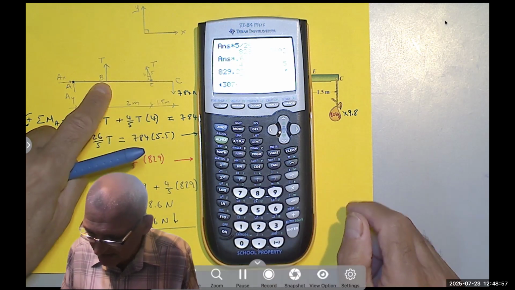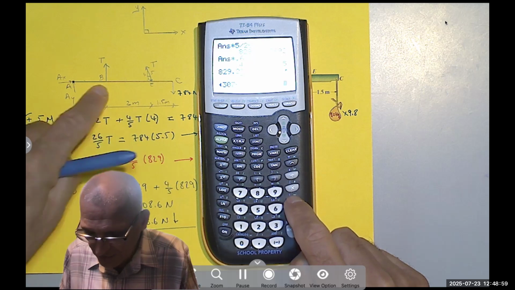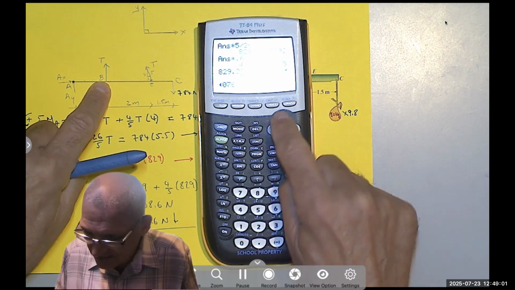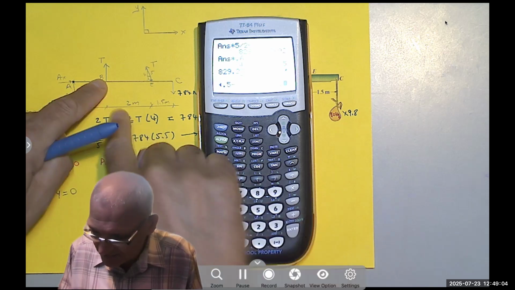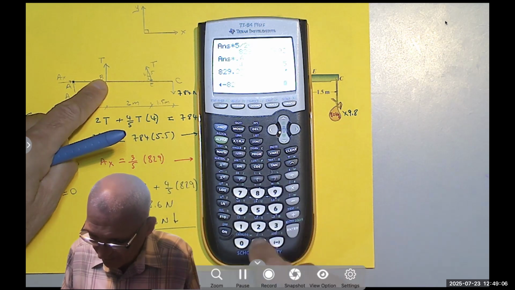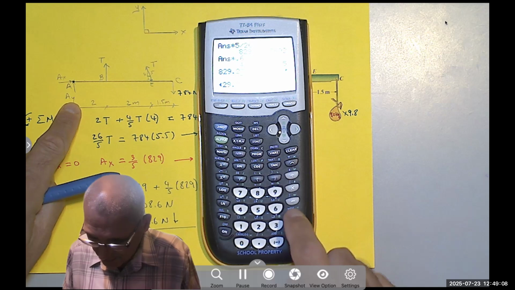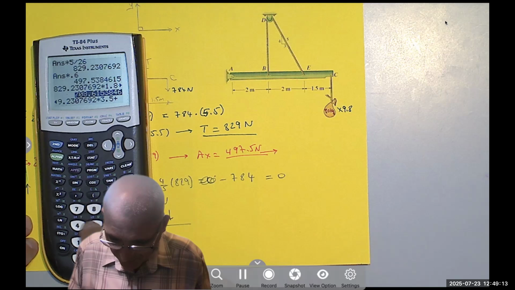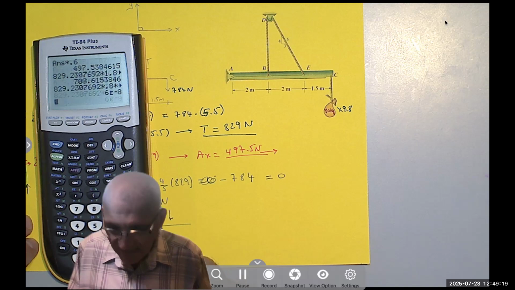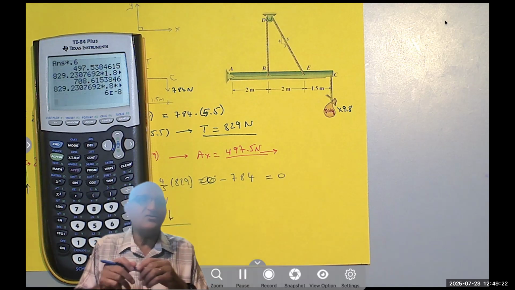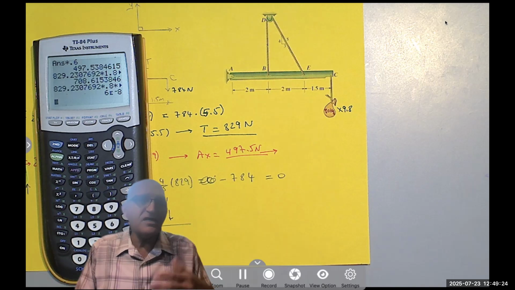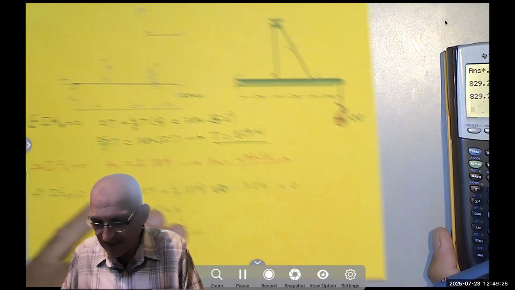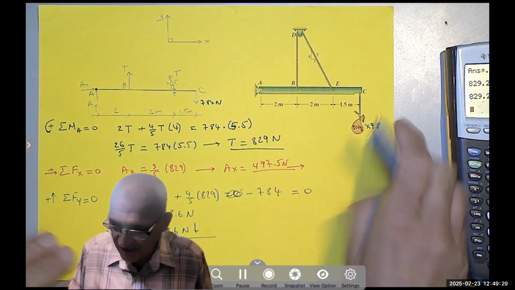I also have this T going clockwise, so it's negative, minus the same T times 3.5, and then plus A sub y, which is the 708.6, times 5.5, just to check. I got 0, 6 times 10 to the negative 8. So that's a quick thing to make sure that the numbers make sense and they are correct.